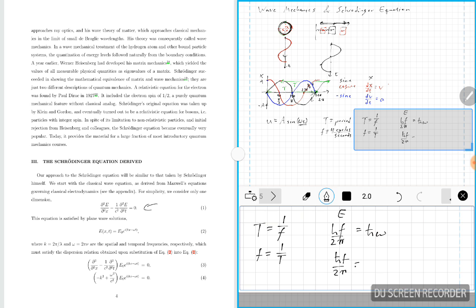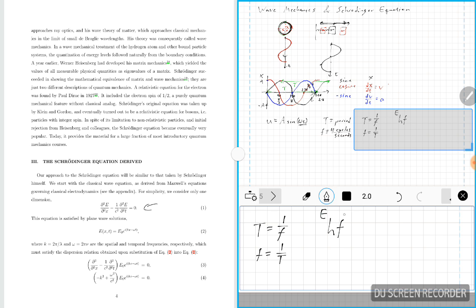So h bar over 2 pi f. So it is omega is f over 2 pi. So I use omega because it's more convenient. I think that's not right though. I'll work that out again more carefully.